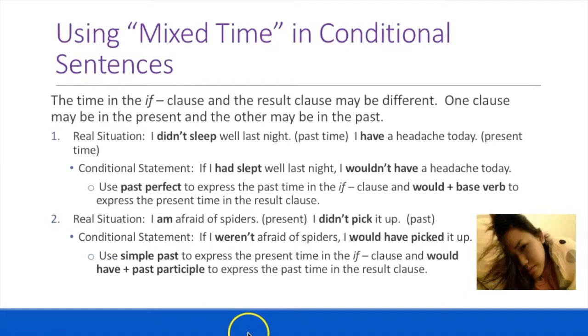Here we can see that the simple past is used to express the present time in the if clause, and would have and the past participle is used to express the past time in the result clause. So this is the same as the conditional sentences that we looked at in the present, past, and future, but you just have to keep in mind which clause is referring to which time and use the appropriate verb forms.